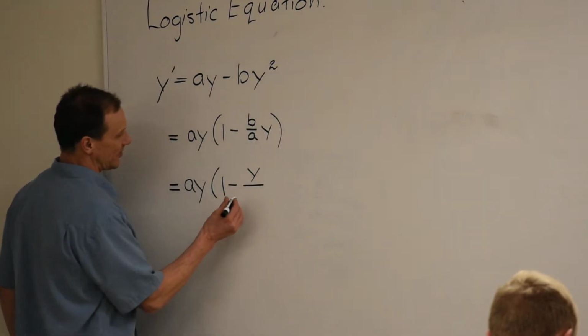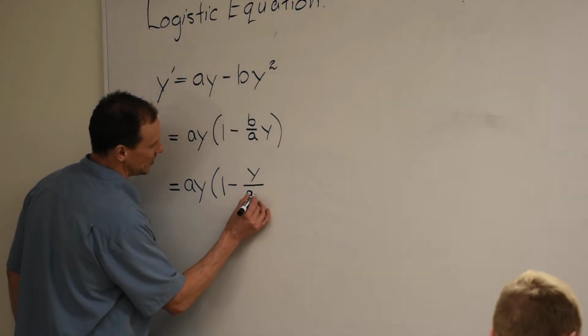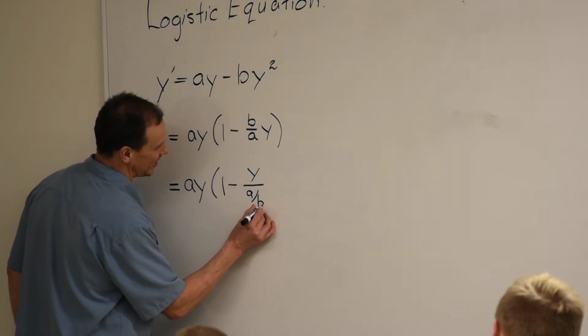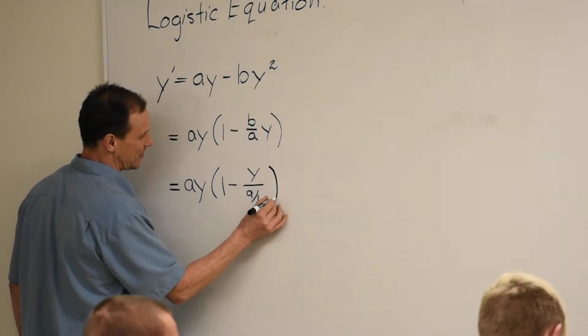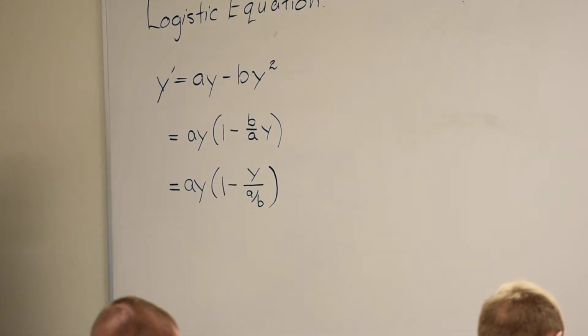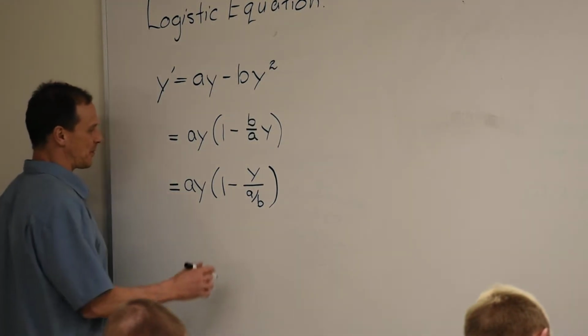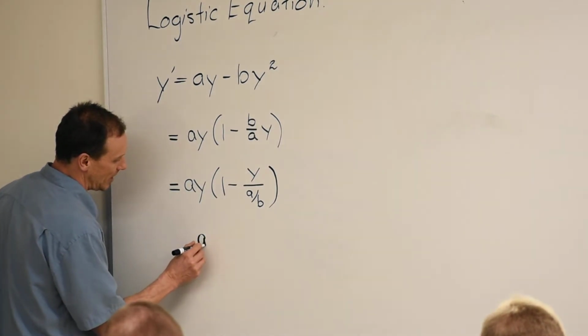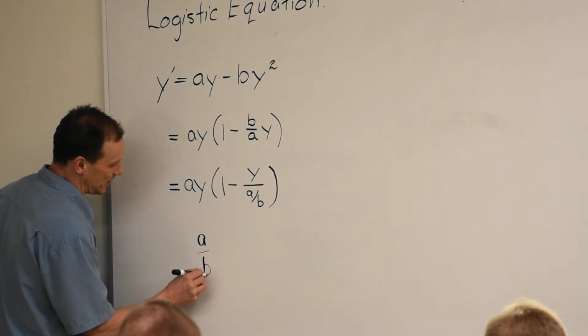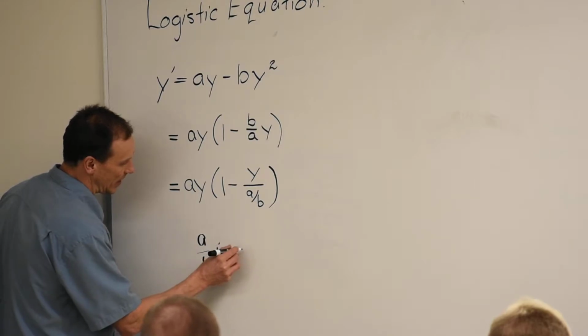Just so you don't forget which fraction goes where, I'll write it like this. That little fraction is in the denominator of the fraction. And we call this a over b, so we said that a over b is the carrying capacity.